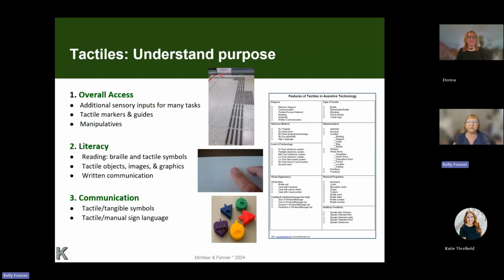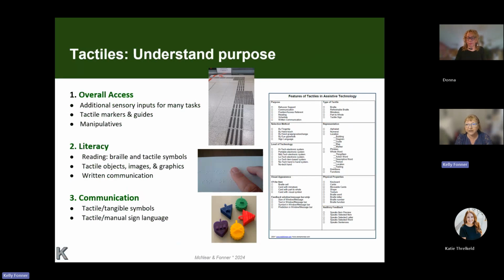One of the things in the field of assistive technology that we talk about is feature matching, because we're going to be talking about different types of tactiles, different purposes for those tactiles. And so one of the things that Donna and I have put together as a part of our bringing understanding together is this chart that you see on the right, and that will be in your handouts.